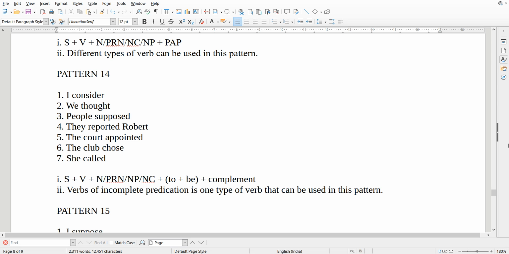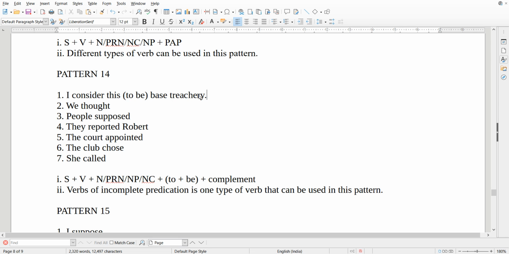So because be is a verb of incomplete predication, I can say that for sure. I consider this to be treachery. You can choose to write to be or omit it, so I'm putting it in brackets.